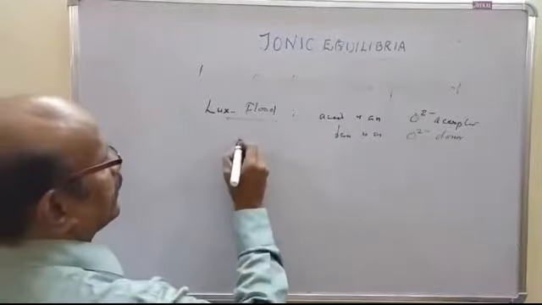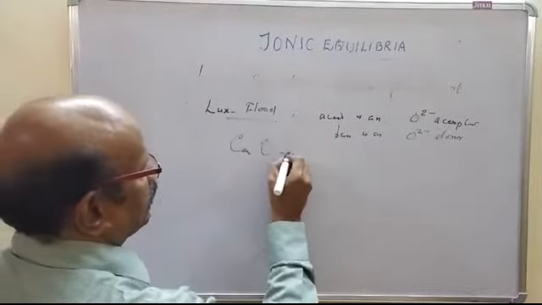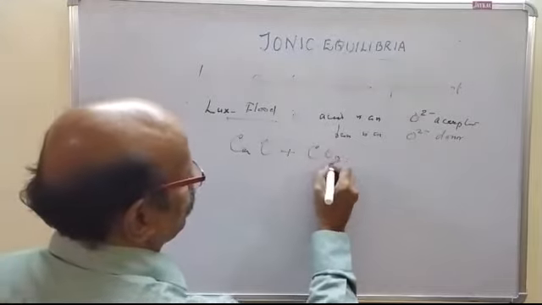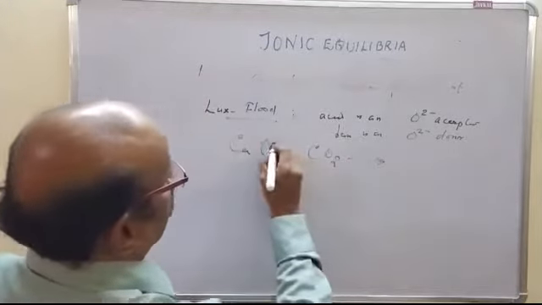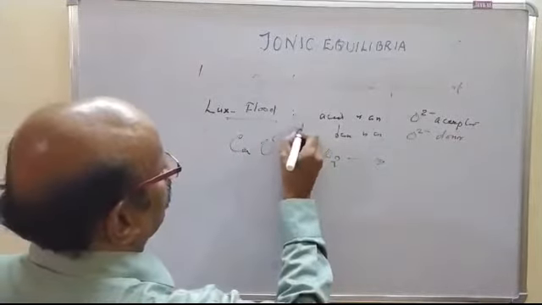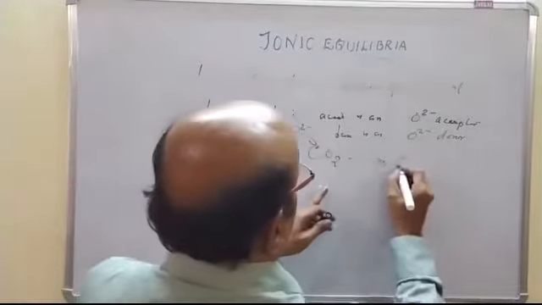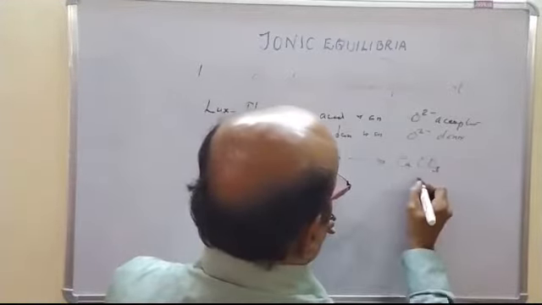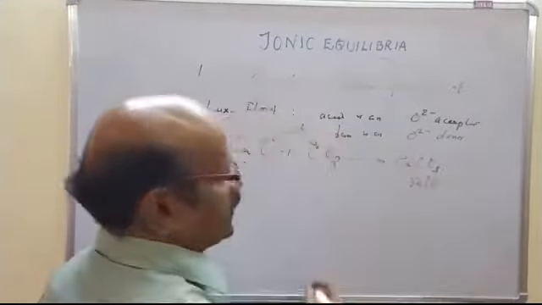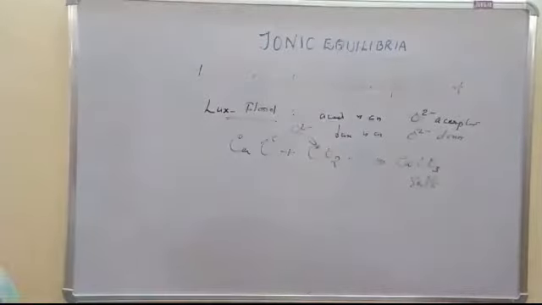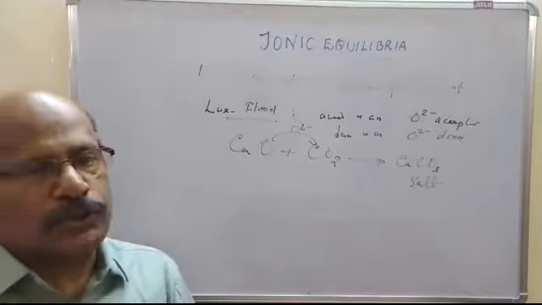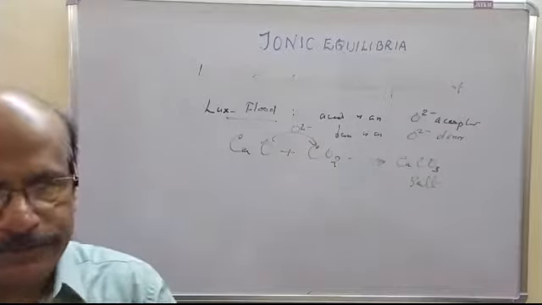So here, calcium oxide plus CO2 giving CaCO3. The result is a salt. So it's a neutralization process. And any acid-base reaction results in the formation of a salt.